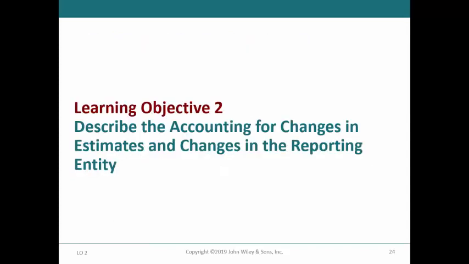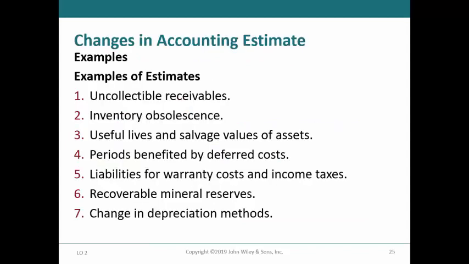In this learning objective, we will study how changes in estimates and reporting entities are accounted for. This slide shows some of the many instances where estimates are involved in accounting. You are aware from having studied accounting that we use a great deal of estimation. It is the nature of estimates that they may change over time as more information becomes available or circumstances change.